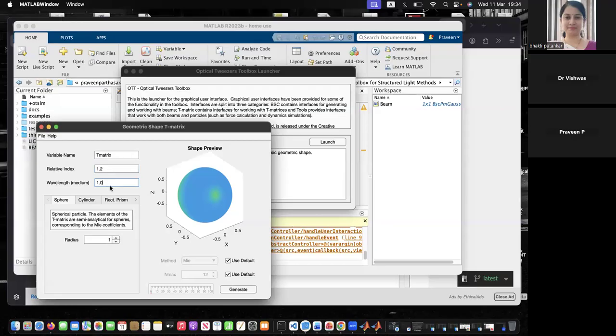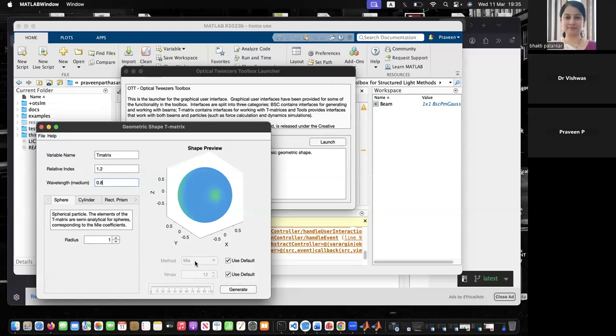Okay, and wavelength in the medium, it says. So here you will have to take 1064 and divide it by 1.33. So you're going to get how much? 800 nanometers. But here everything is in microns. So this is going to be 0.8 microns. Okay.